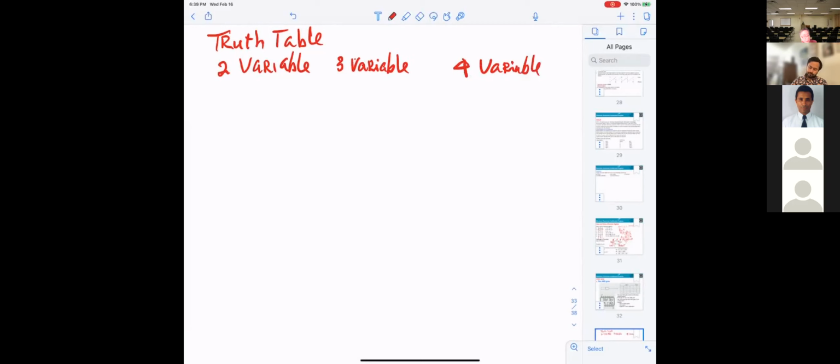Now I'm telling you what the truth table is. A truth table tells you the relation between the input and the output. So the first thing is two variable. That means you can get B, A. That's two variable.